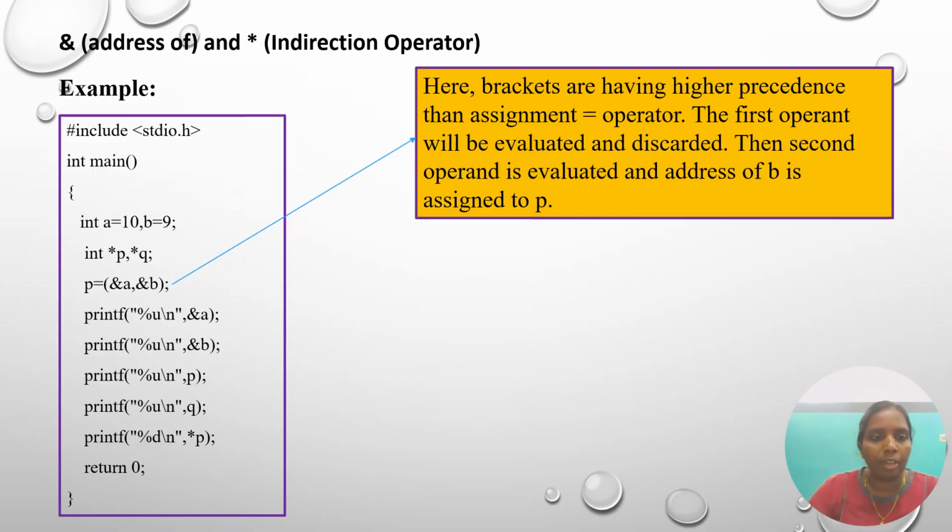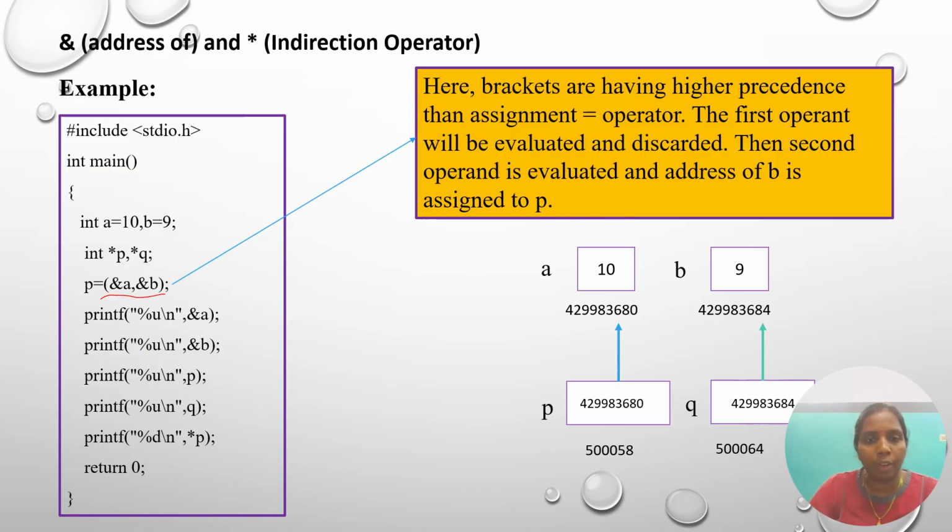So if you see, the value of A is 10 and whose address is 429983680, and the value of B is 9 and whose address is 42998388684.